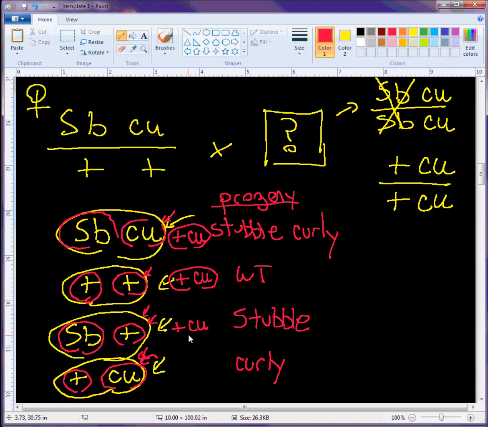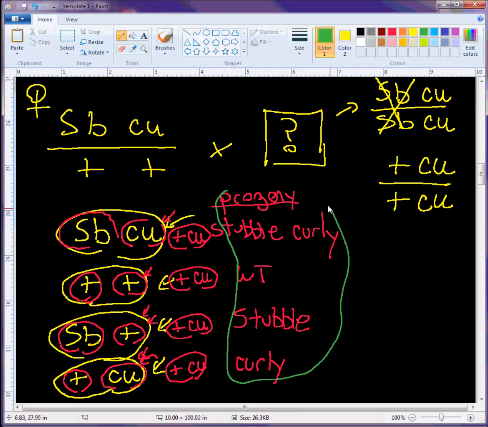So we need to just combine the plus stubble allele and the mutant curly allele with each of these over here and make sure we get stubble and curly, or make sure we get these progeny phenotypes in each case. And you can see that we will.